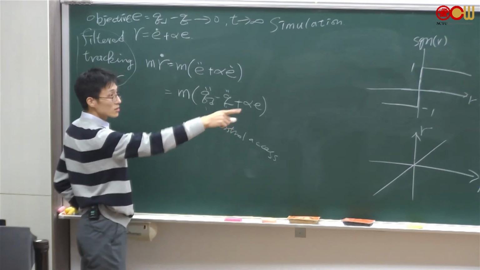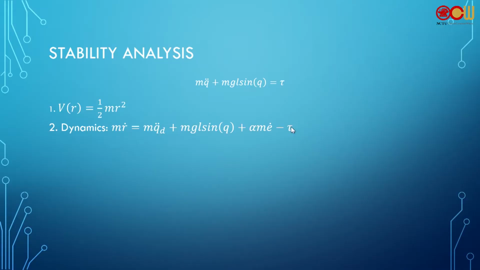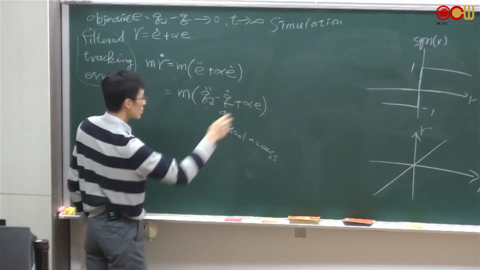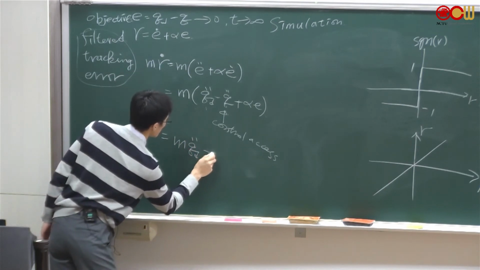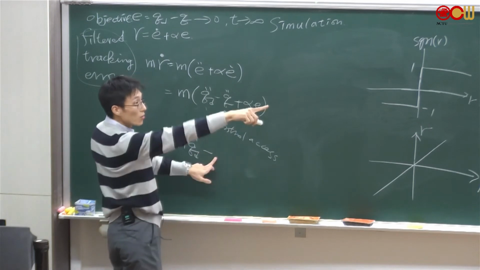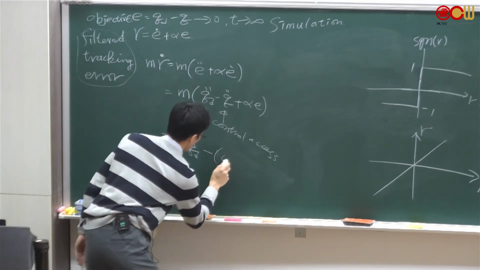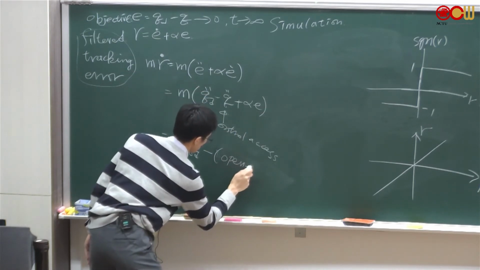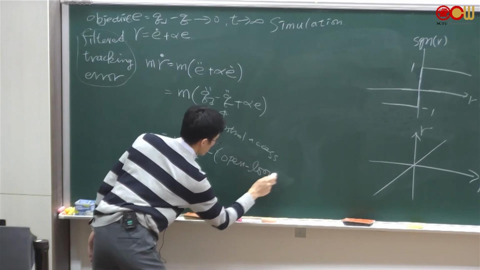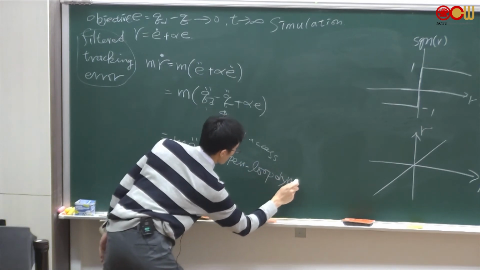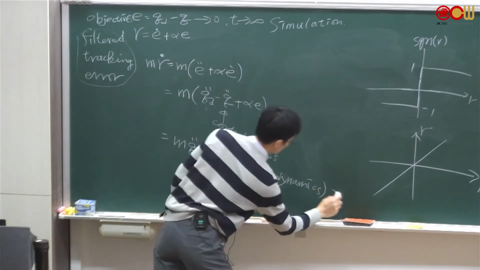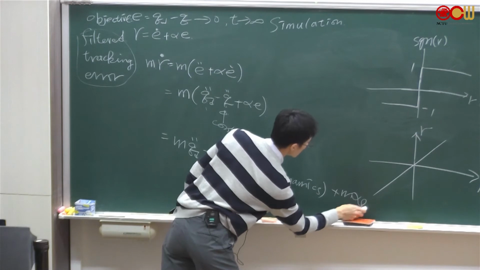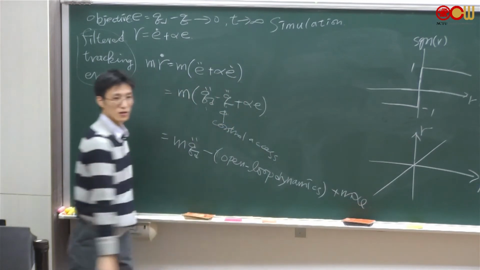So this is how that equation comes from. You substitute the control in, minus mq double dot. Mq double dot is that. Plus m alpha e.